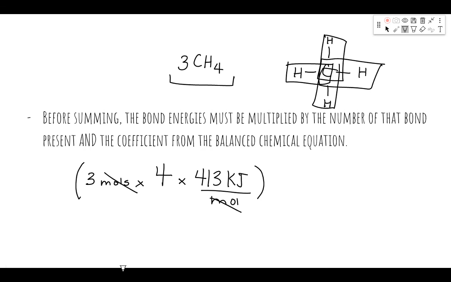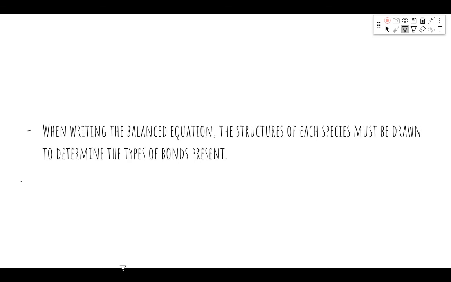Okay, so we learned how to calculate the total bond energy of a bond broken or formed. So when writing the balanced equation, the structures of each species must be drawn to determine the types of bonds present, right? So this is where you have to make sure you review your Lewis structures before we do the practice for this particular lesson, right?